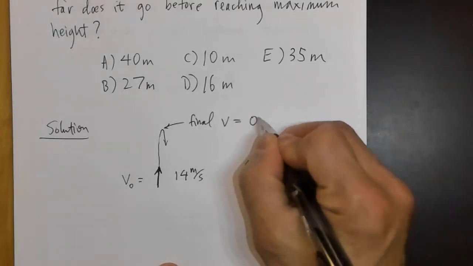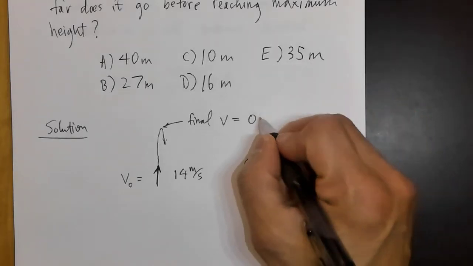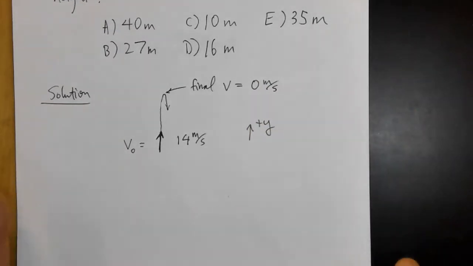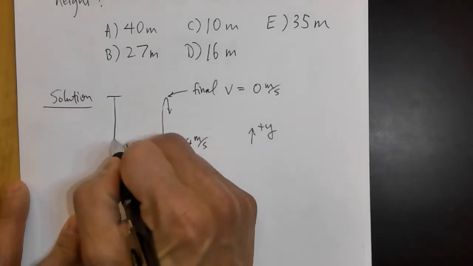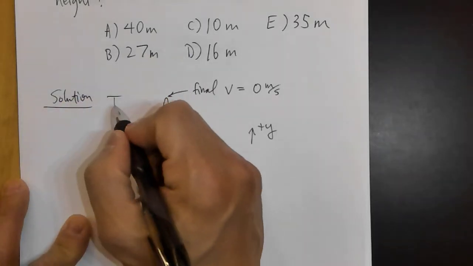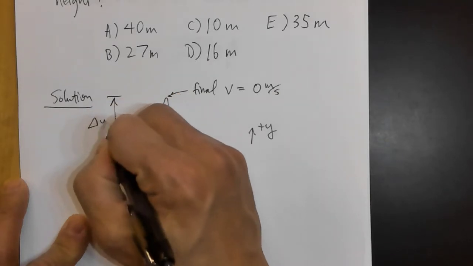And so the final velocity will be 0 meters per second. Now, what do we want to know? We want to know how high does it go. So the question is, if it starts here, what is this delta y?